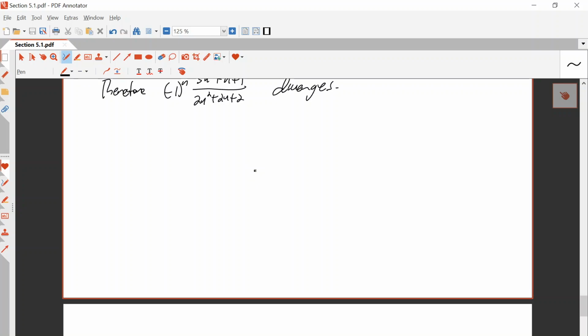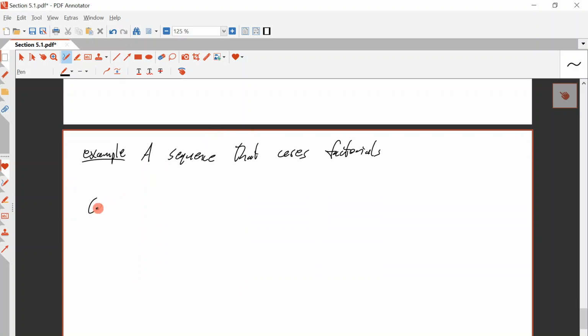So consider a_n equal to, let's say, 3^n over n factorial. Does a_n converge to a limit?